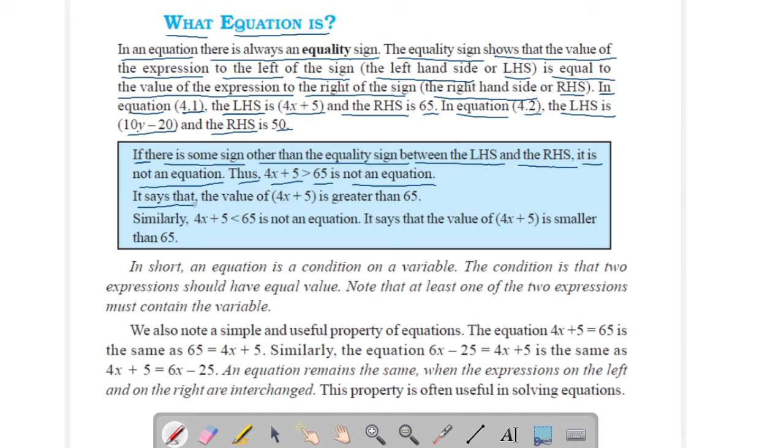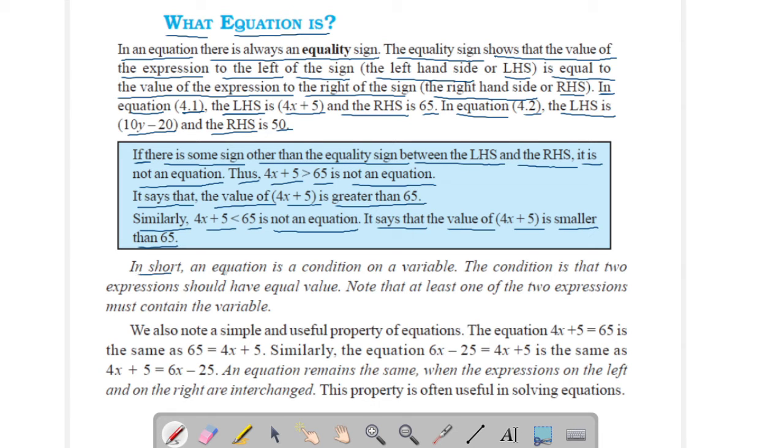It says that the value of 4x + 5 is greater than 65. Similarly, 4x + 5 < 65 is not an equation. It says that the value of 4x + 5 is smaller than 65.